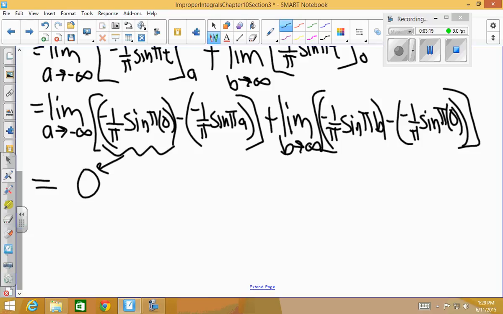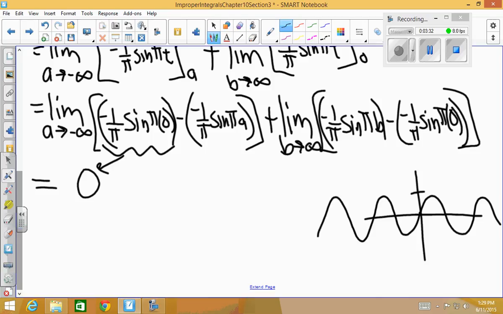A is getting closer to negative infinity. If you consider the graph of sine, it looks like this, and this oscillates between the values negative 1 and 1. If a gets closer to negative infinity, pi times a also gets closer to negative infinity.